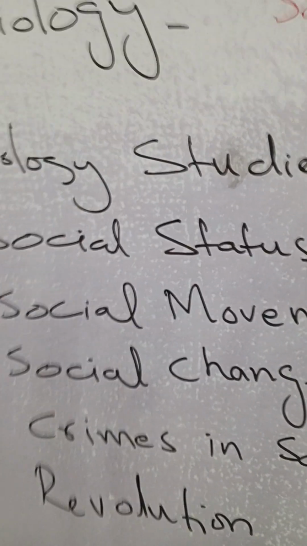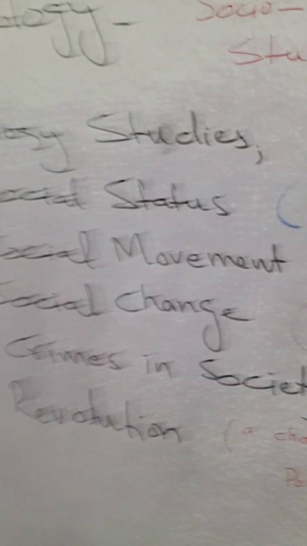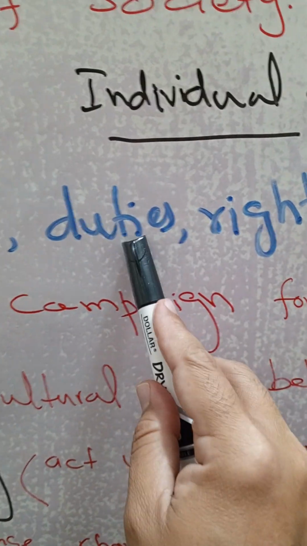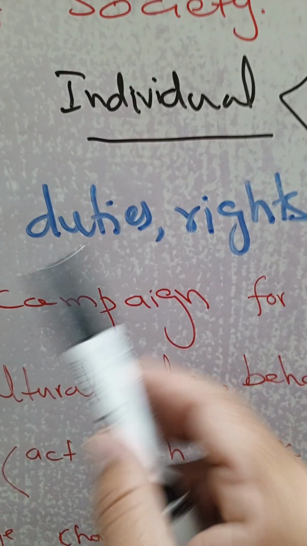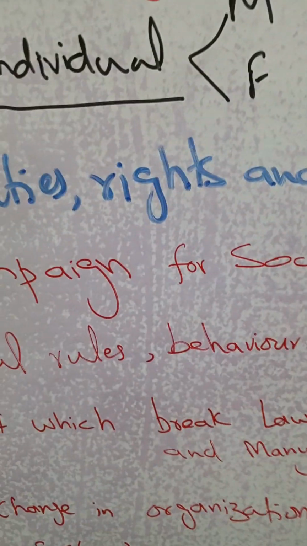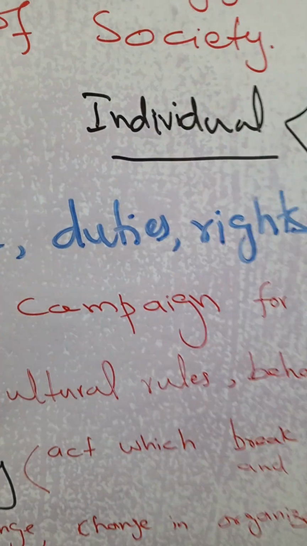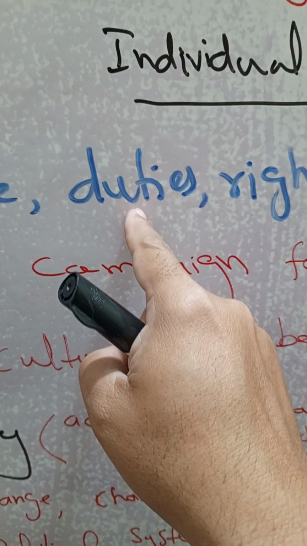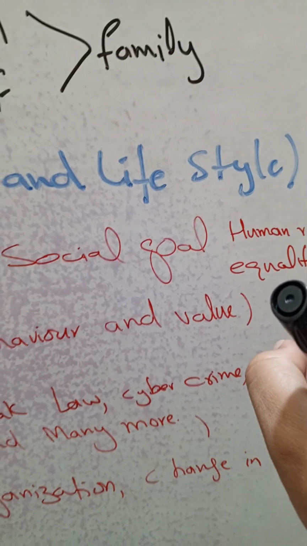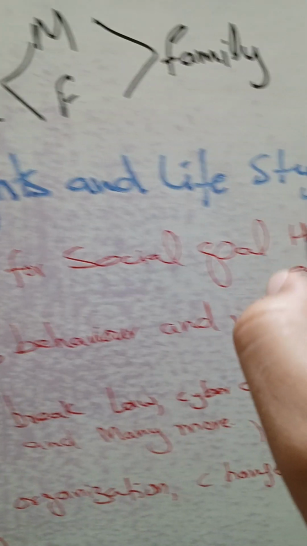And social status depends on different factors like education. On the basis of education, duties and rights are different. Members of the same society have different duties and different rights. The responsibility and duty of a teacher is to teach their students, to prepare their students, to build the concepts of their students.